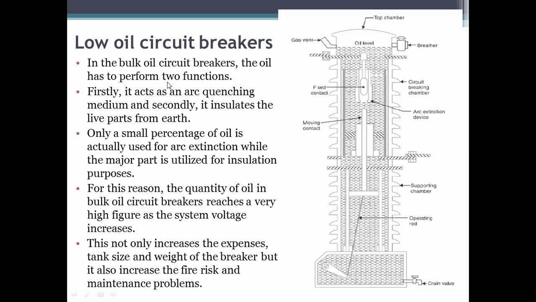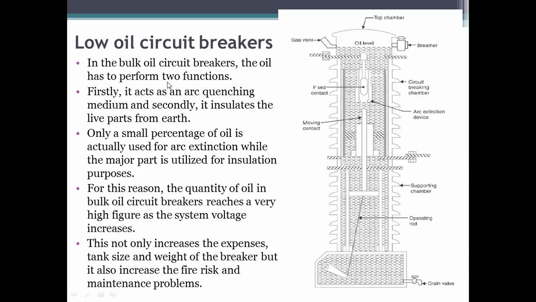But here what we are using is very little oil, and that oil is used only for the arc extinction, not as an insulating material. Okay, we are not using this oil for the insulation purpose. It is used only for the arc extinction. Okay, so firstly, in the bulk oil circuit breakers, the oil acts as an arc quenching material and also insulating the live parts from the earth.